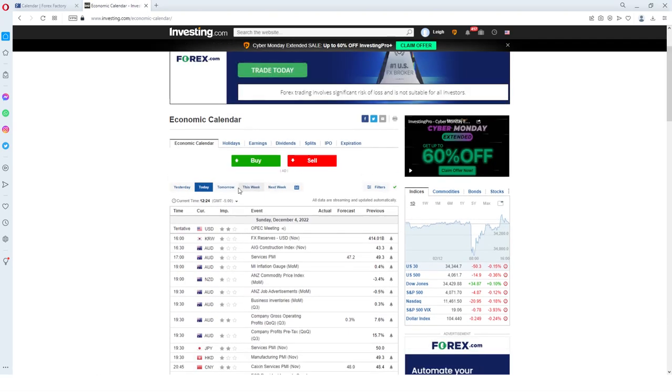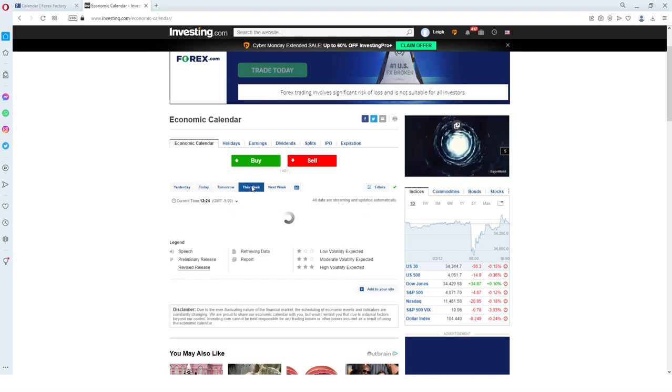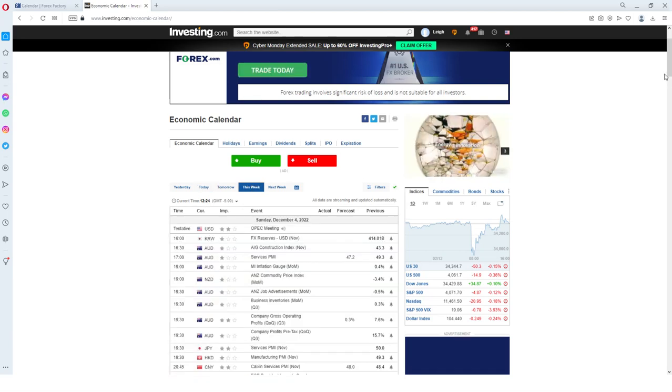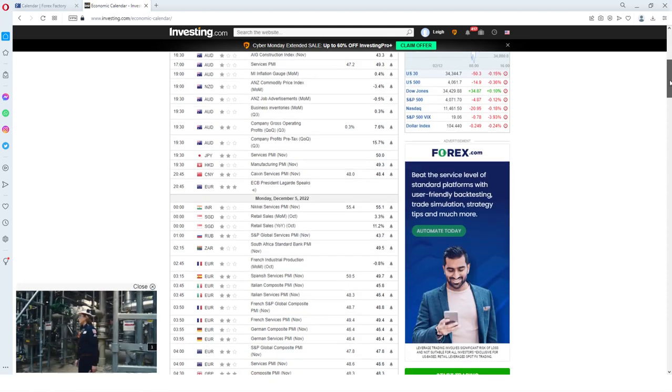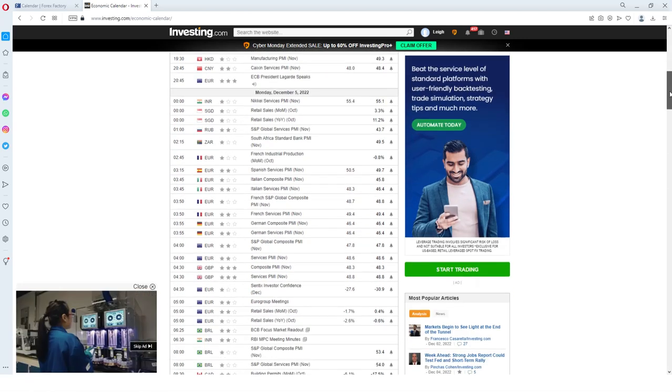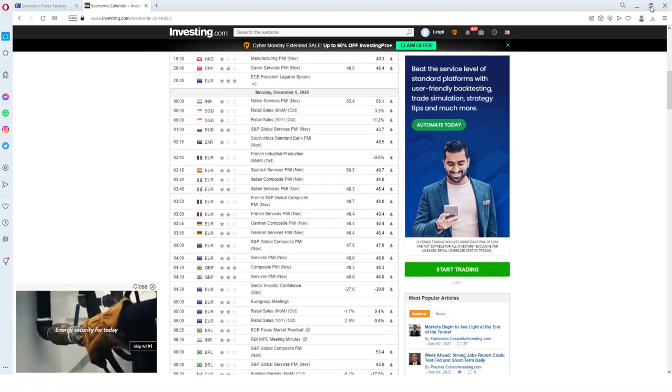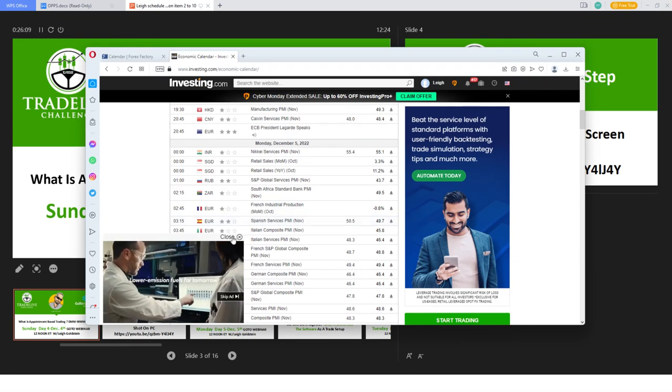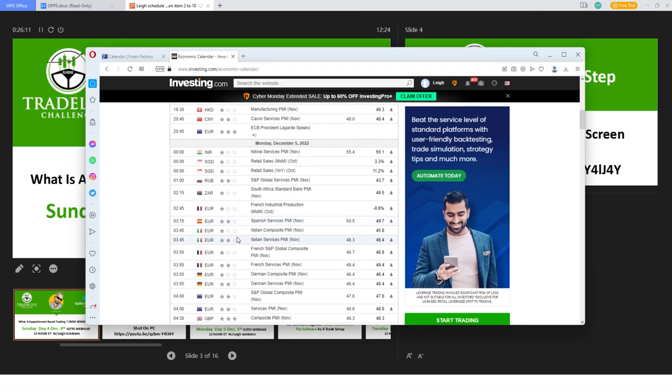It'll give you the whole week of events, okay? And what I had said, the reason that investing.com is a great free calendar is when you're trading events, they show you the news results.